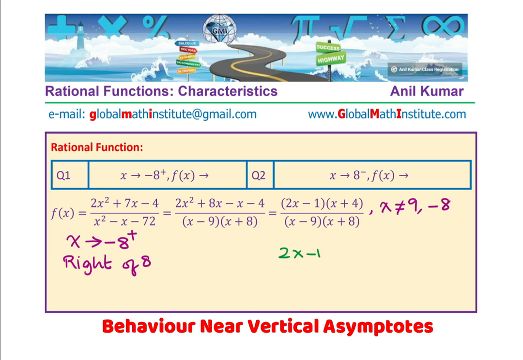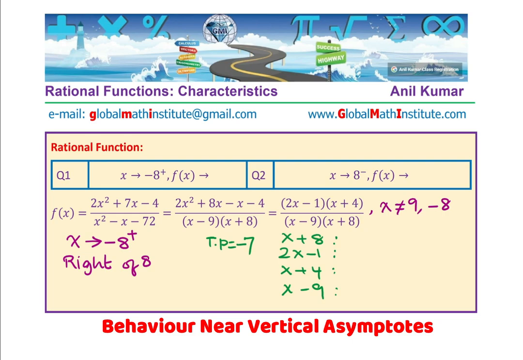So 2x minus 1, x plus 4, x minus 9, and let me write x plus 8 right on the top. So we have to analyze whether these points, these function values, the factors are positive or negative. As I take my test point, which is minus 7, that is on the right side of minus 8, right?